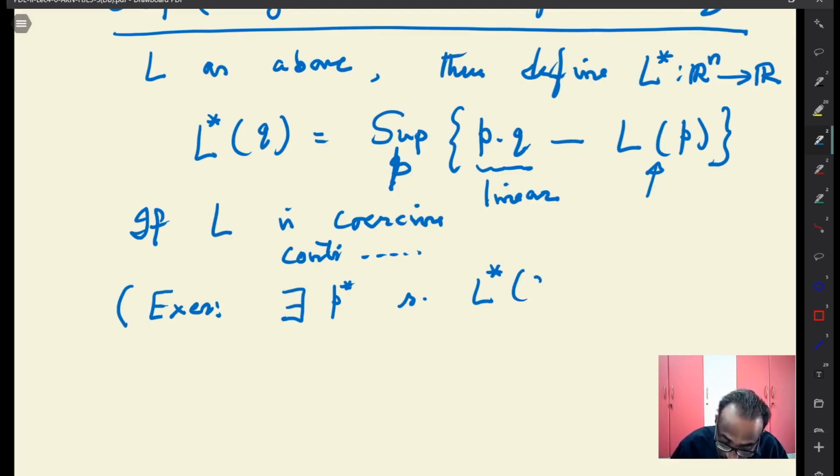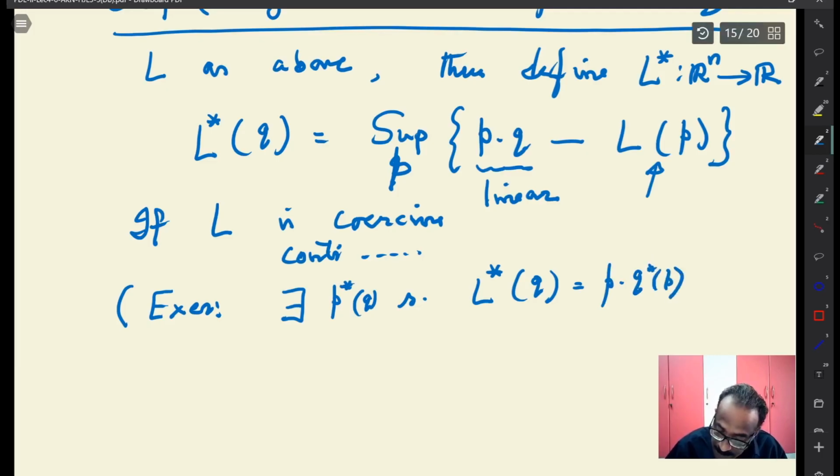Your P star of course depends on Q. You can easily show that there will be P such that L star of Q is P dot Q minus L of P. So the supremum is attained at some P star, not Q star, sorry.